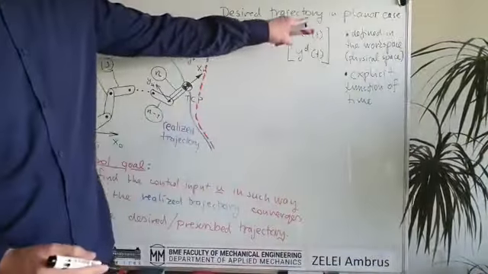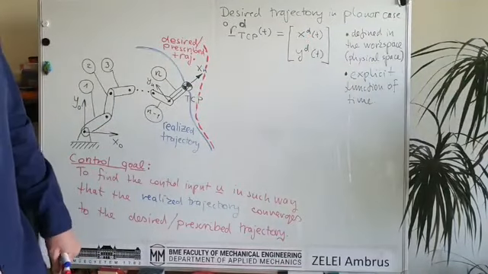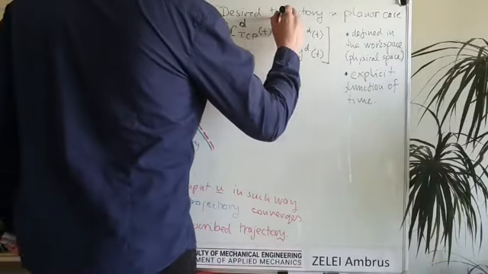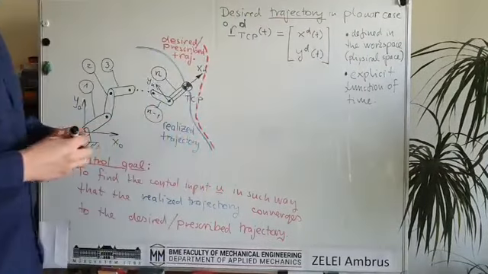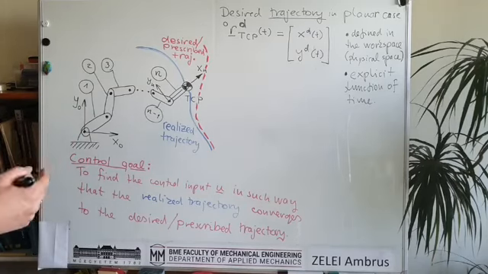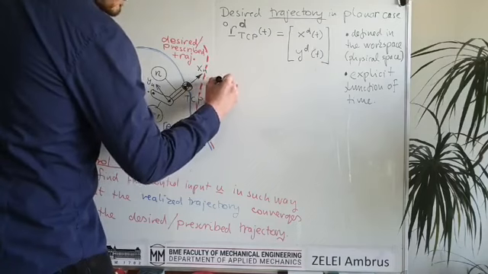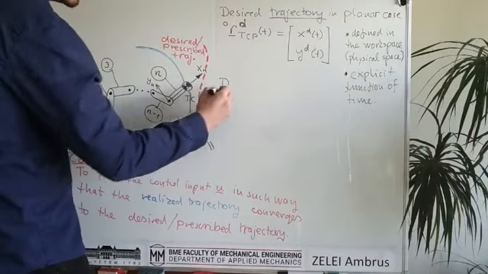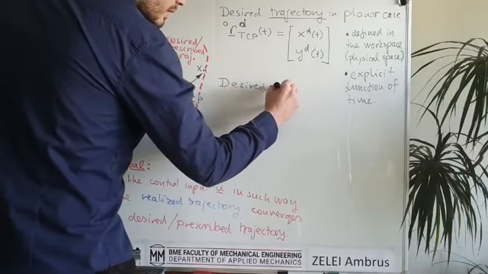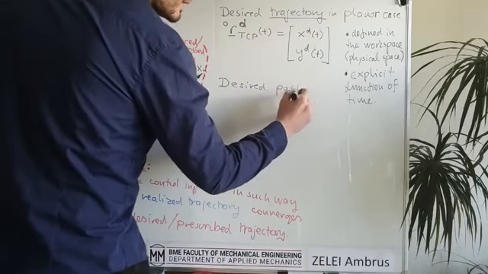So this is the desired trajectory, which is an important thing. And there is also one thing which is similar but not the same. People also use the term desired path, or just simply path.